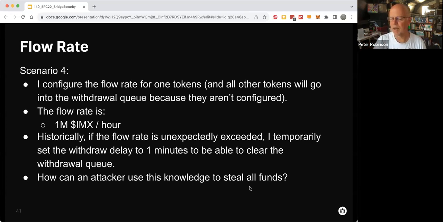Then I temporarily set the withdrawal delay to 1 minute and cleared all those withdrawals. So if I've done that historically, what could the attacker do to steal all funds, if they know that this is how I act?